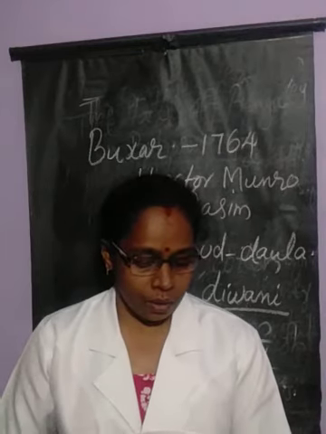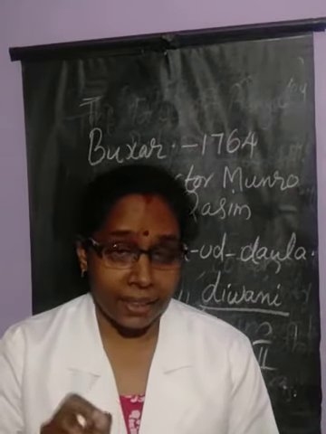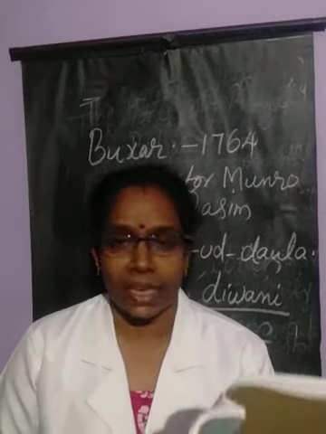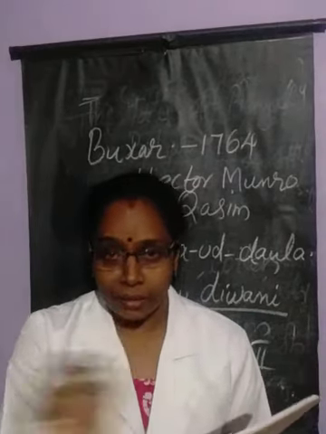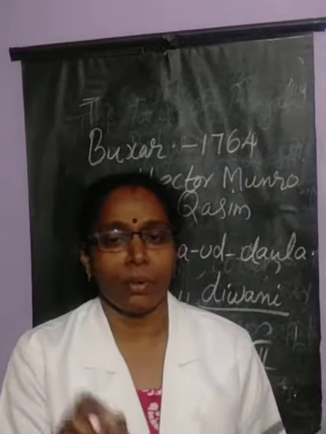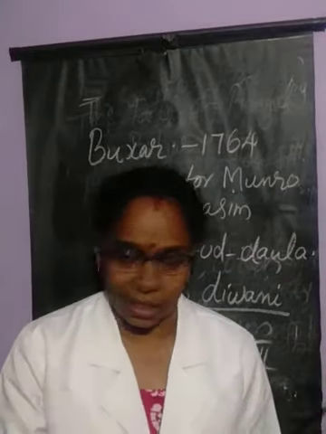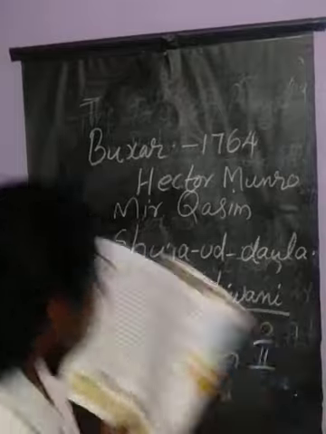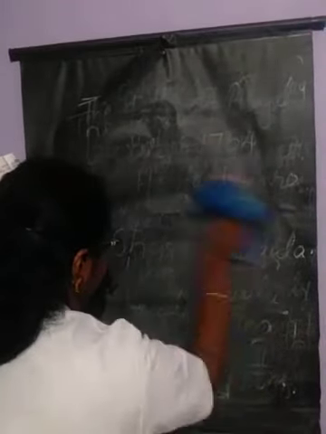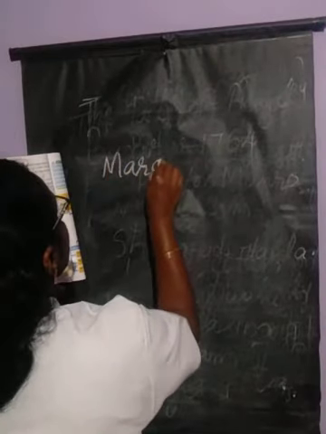Okay. The Marathas, Hyder Ali and Tipu Sultan of Mysore and the Sikhs in Punjab. You should underline the important words, sentences, everything you need to underline. The Marathas are one group of people, the Maratha people.